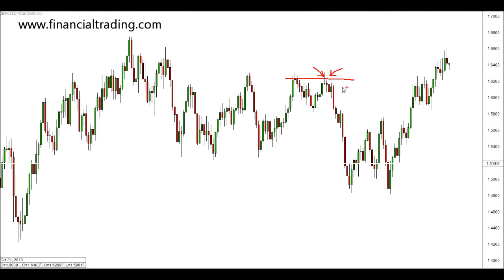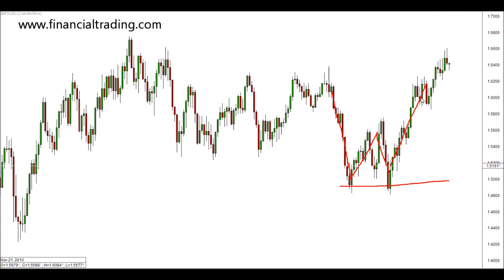Price has been rejected twice. We can't get any higher, and price depreciates. This is soon followed by a double bottom. We have a push, a pullback, and a push, and go on the upside.